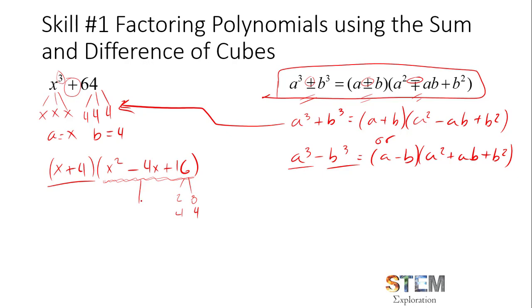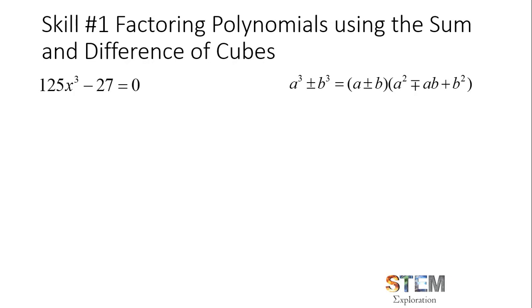This breaks it down to a simple quadratic equation that we could then use the quadratic formula on. So we can factor out these more complicated higher order polynomials and look at them in a different light.